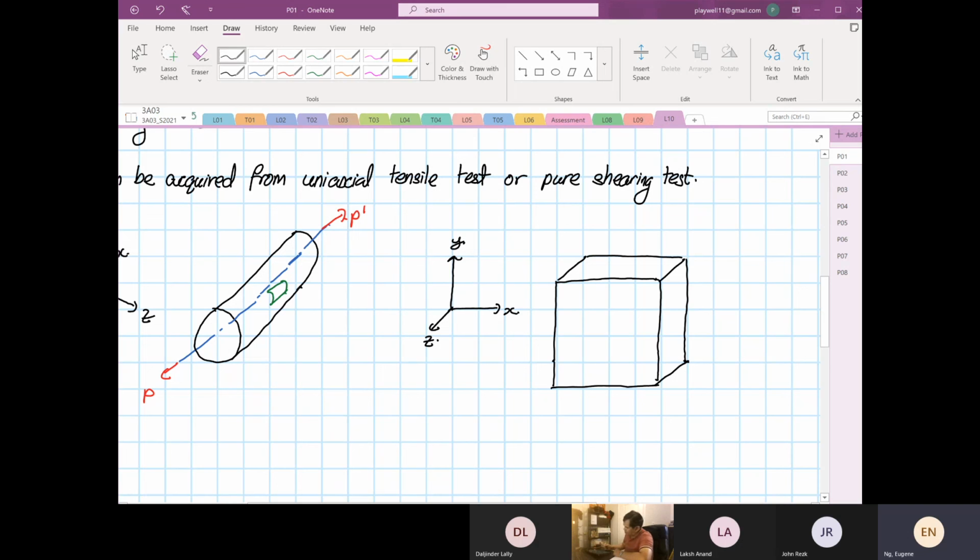So our element is only under stress in the X direction. So this is stress X, and that's it. We don't have any other loading.